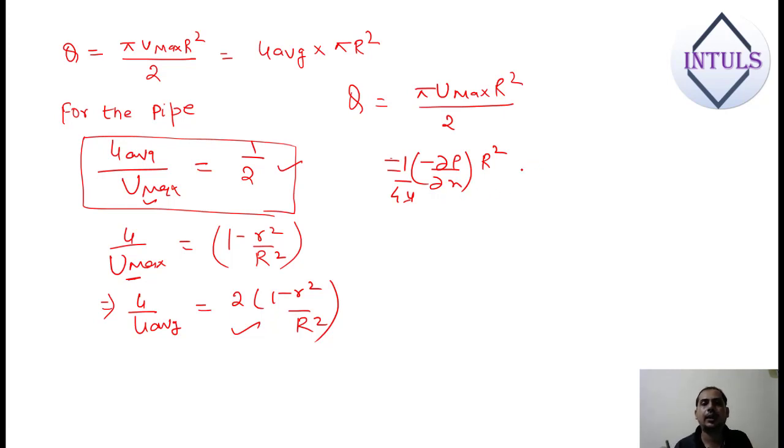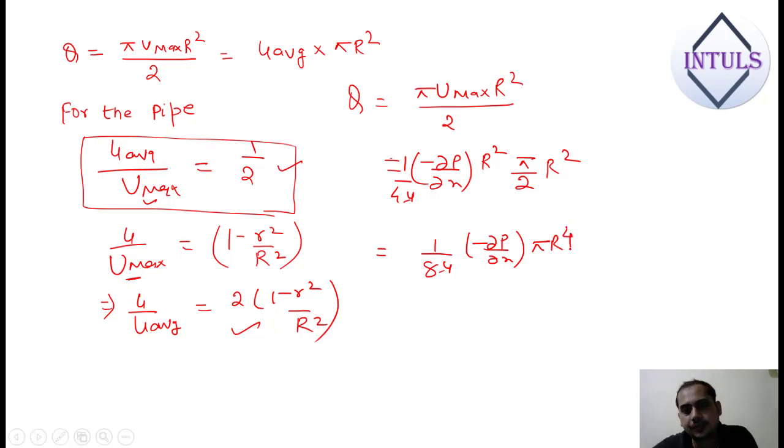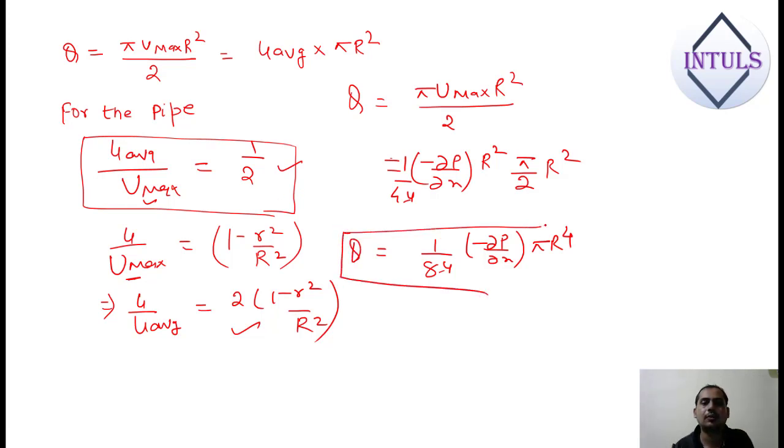Clear? And this is the u max. Remaining terms are pi by 2 R square. So if you calculate, 1 by 8 mu, minus of del p by del x, pi R to the power 4. So this is the discharge equation. This is all about the discharge flow through the circular pipe.